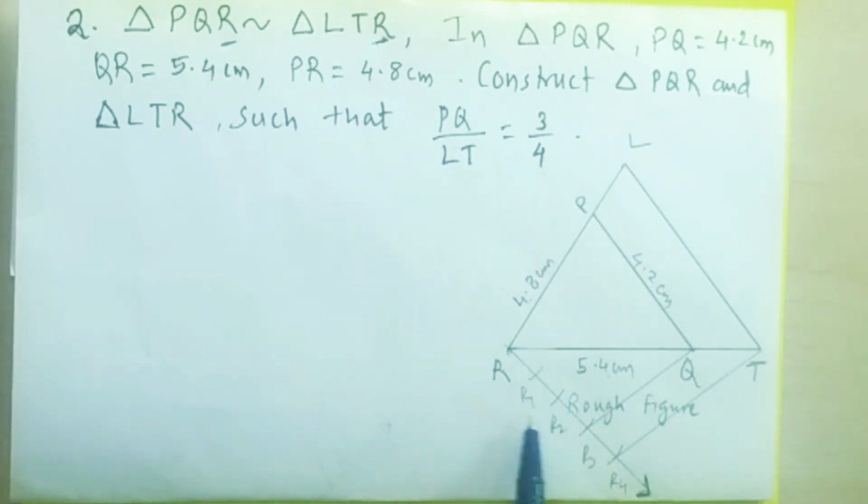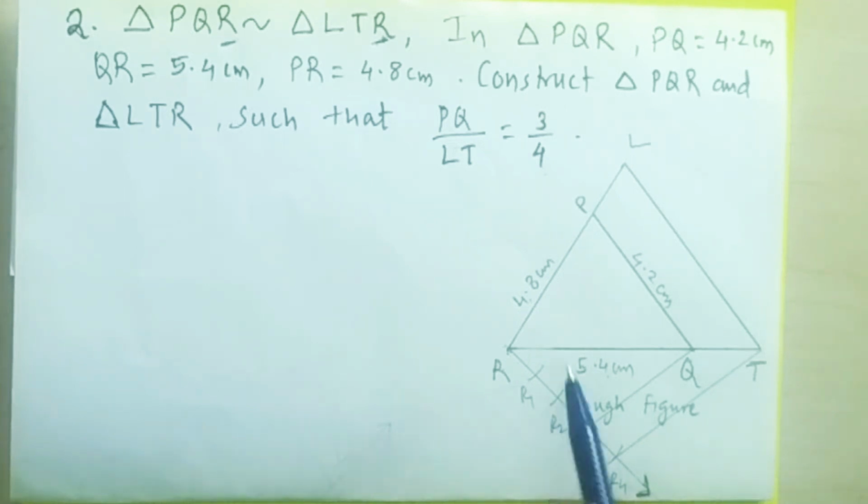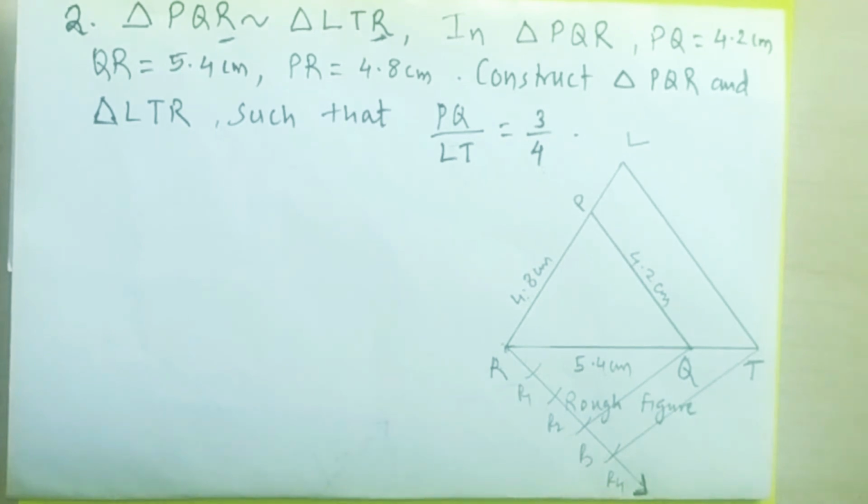So you divide this ray into 4 parts and then join, then draw the parallel line to QR, and LT parallel to PQ. So this is the analytical, rough figure of the construction of triangle PQR similar to triangle LTR, where R is the common vertex.